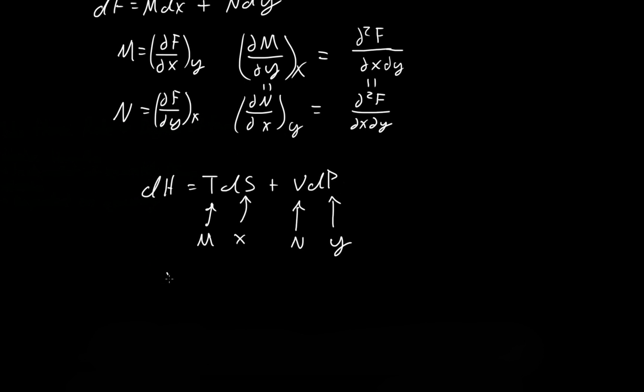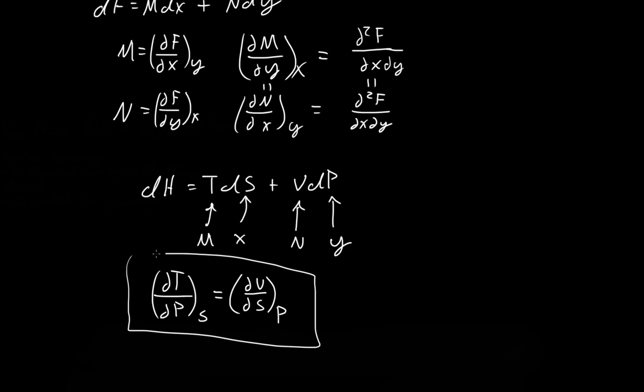We would get that the partial of T with respect to pressure at constant entropy is equal to the partial of V with respect to entropy at constant pressure. Those two equal each other, and that is the Maxwell equations. That's what all this work was, just to say that these equal each other.